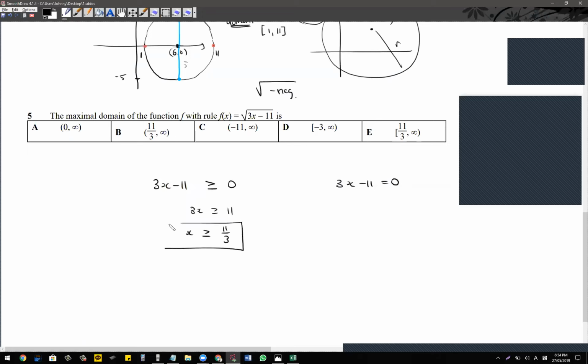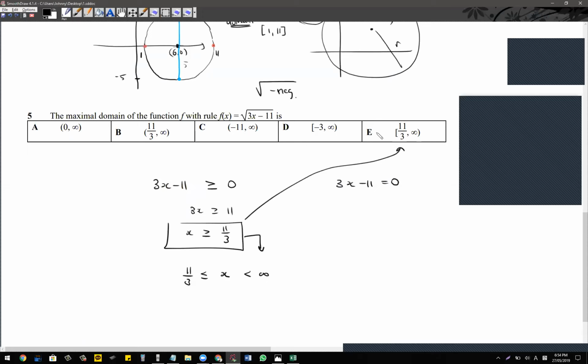So this one is actually the same as this one here, because if you flip it, you get 11 on 3 is less than or equal to x. Of course, x can be less than infinity. X is always less than infinity. So that is the same as this one, which is the same as this one here. That's including 11 on 3 and not including infinity.